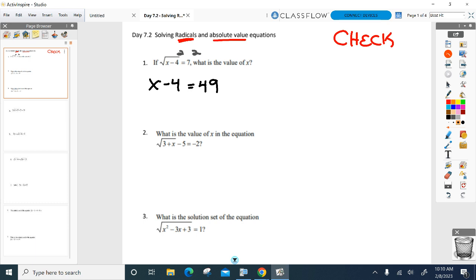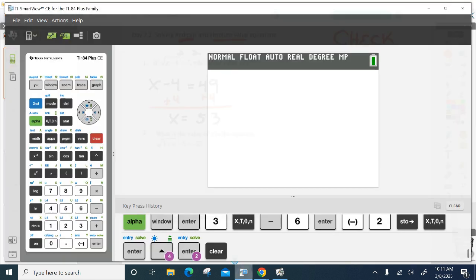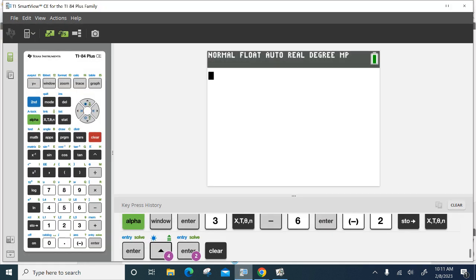We move the 4 over. X equals 53, maybe. I want to make sure we're good with how to check to see if I accept or reject this answer. Here's my go-to; if you have your own way, feel free to use it.